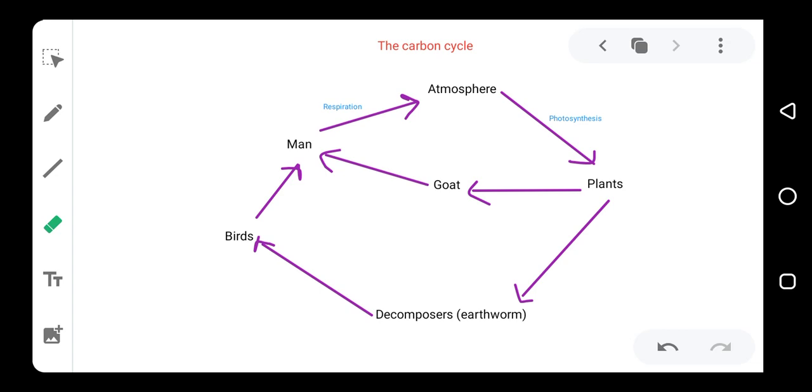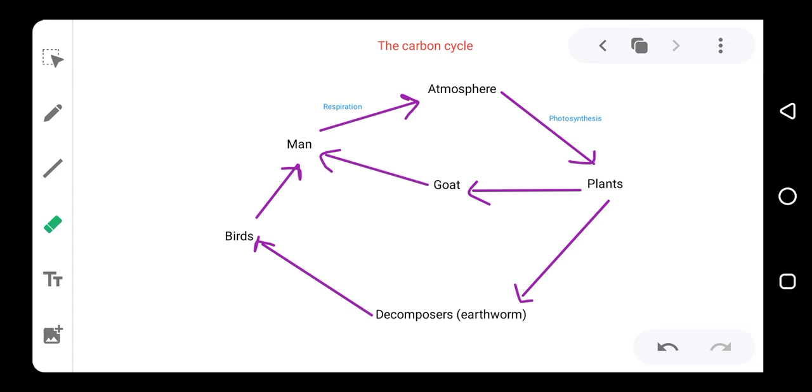Now this cycle shows how carbon is given out to the environment and how the carbon in the environment is being used. There is a balance between the giving of carbon in the environment and the use of carbon in the environment. If there is excess carbon in the environment, it will normally lead to problems. For instance, human beings, we cannot tolerate too much carbon dioxide in our body.